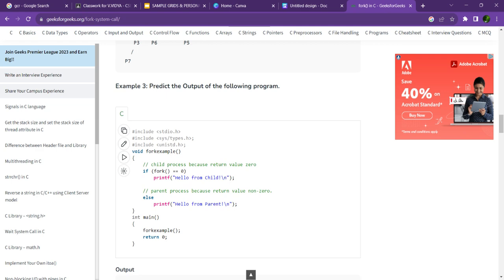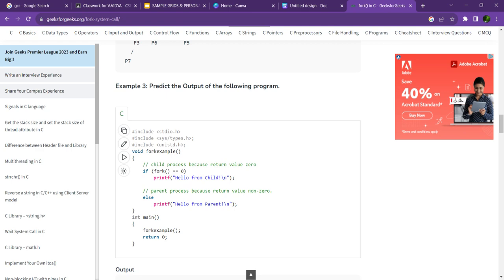Now these parent and child processes will not have communication among themselves. So for the parent to understand whether the child process is created or not, a particular value is returned, so that the parent can understand, yes, my child is present, or my child has been created.